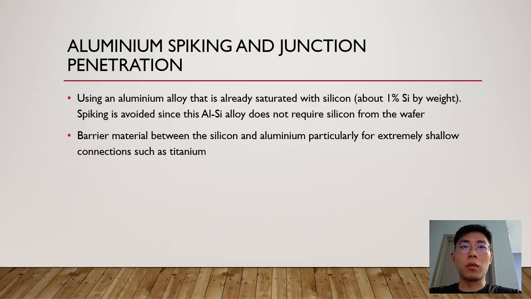So this aluminum-silicon alloy avoids spiking because it does not require silicon from the wafer. However, there are some other methods, such as providing a barrier material between the silicon and aluminum, particularly for extremely shallow connections. The barrier metal makes a good contact but does not react with the aluminum, such as titanium or tungsten.